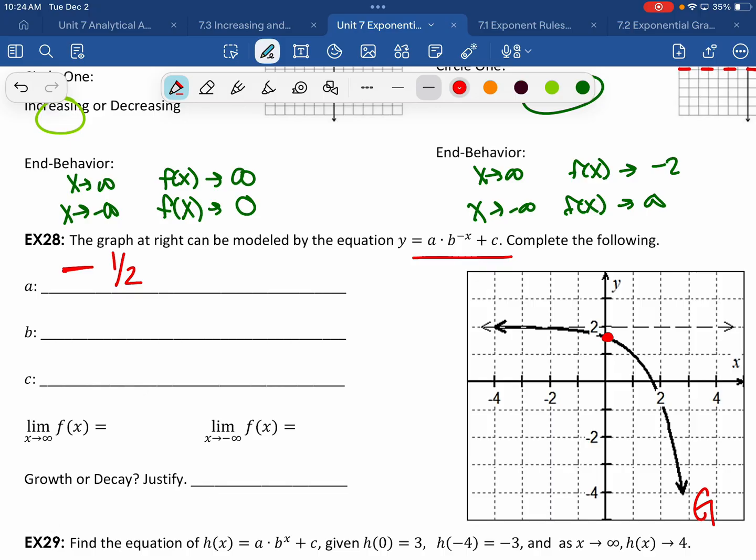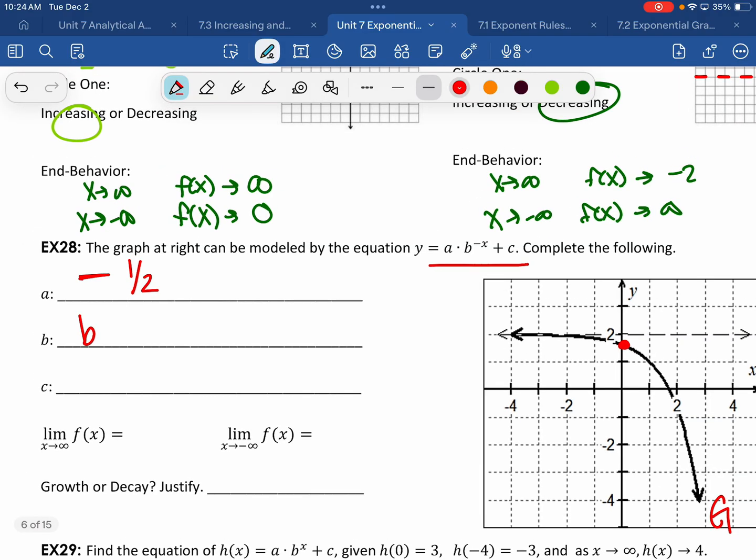But look at your equation: it's got a negative, which is going to be flipping it. So really, b is going to be a fraction less than 1, because of the negative that was given.